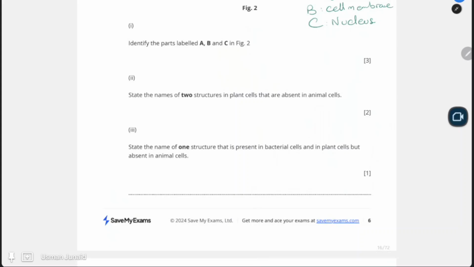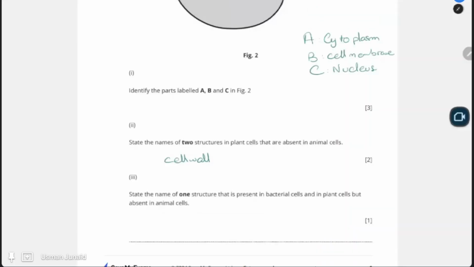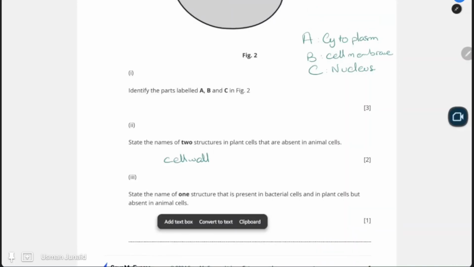State the names of two structures in plant cells that are absent in animal cells. One of them you just told me. Cell wall, yeah. Can you give me another one? Plastids.